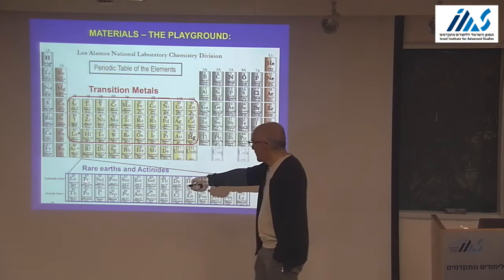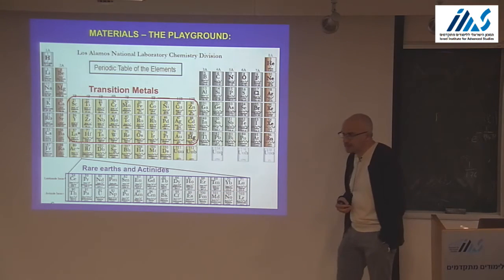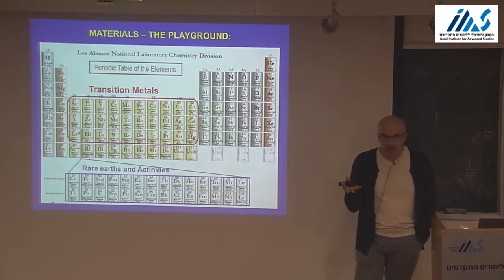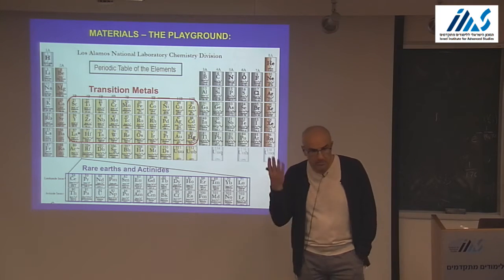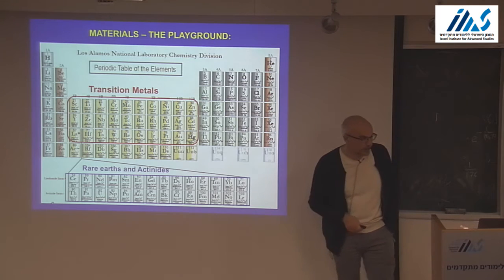So this is an obvious evidence that there is something like a localized electron that carries a spin that you see in a magnetic measurement.